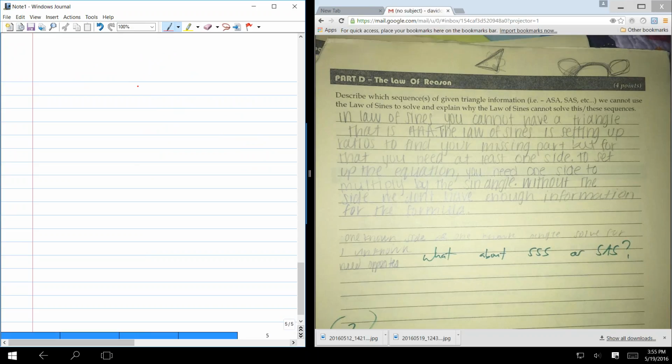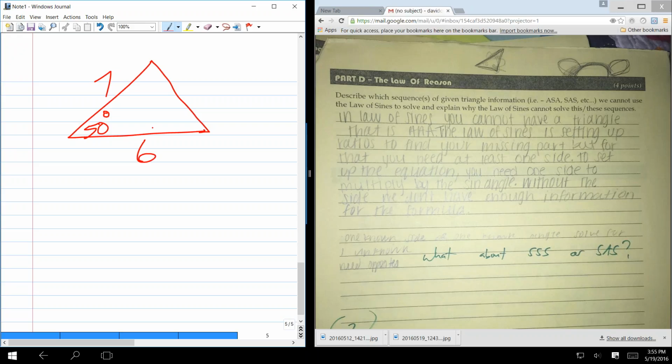The other situation that you cannot use law of sines on is side angle side. In other words, if this one's 6 and that one's 7 and this is 50 degrees, I do not have an opposite side angle relationship. So I can't even begin by using the law of sines.